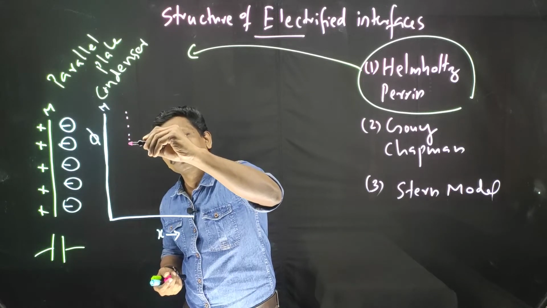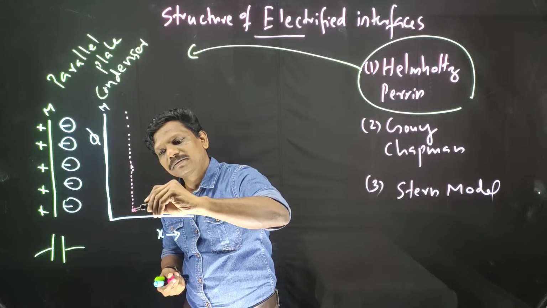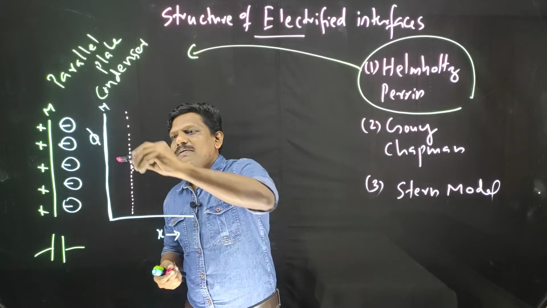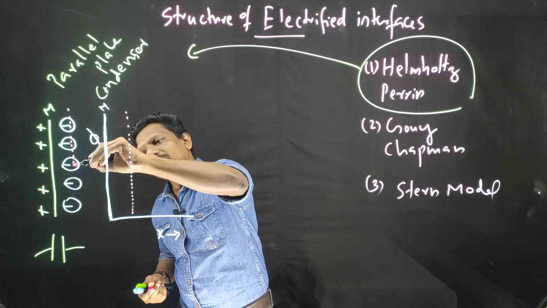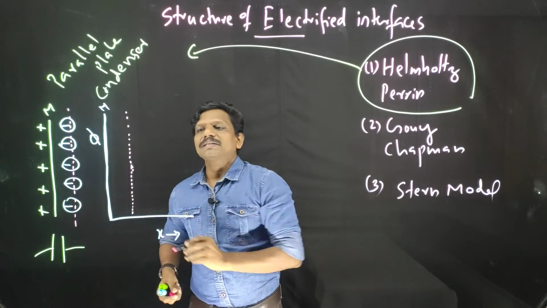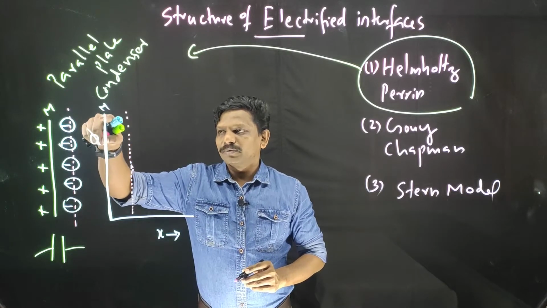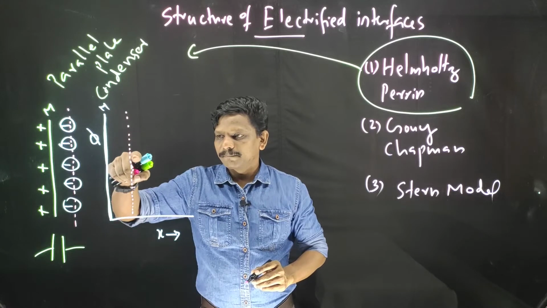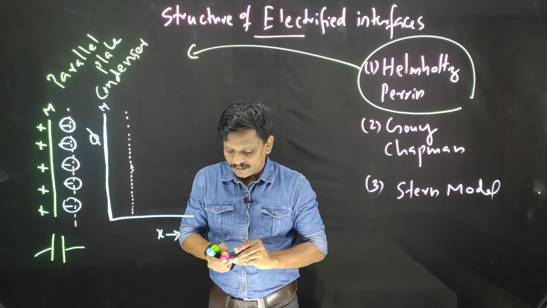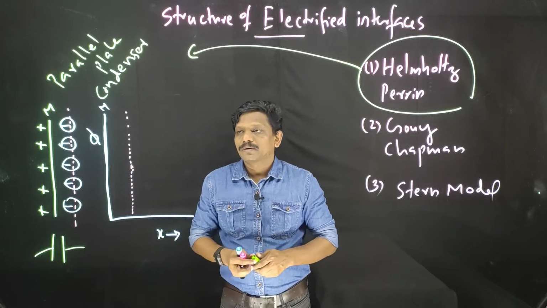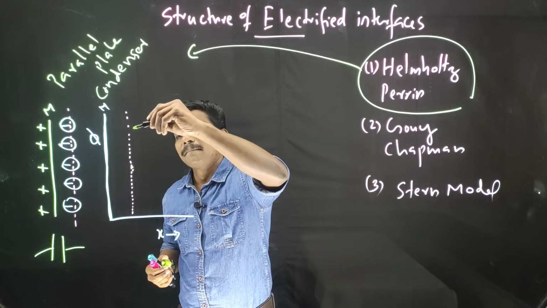Correspondingly I am drawing one plane here, and this is a similar plane, the array of negative charge. So this is your electrode, positively charged, and this is the negative charge in a rigid fashion. Now you can draw the graph of the potential drop.